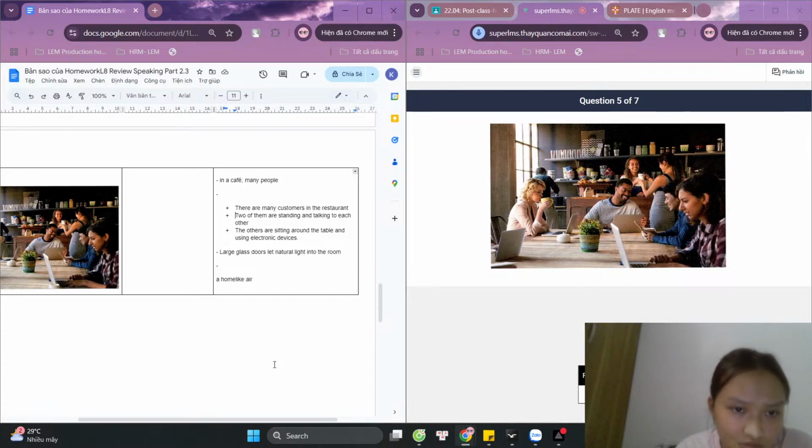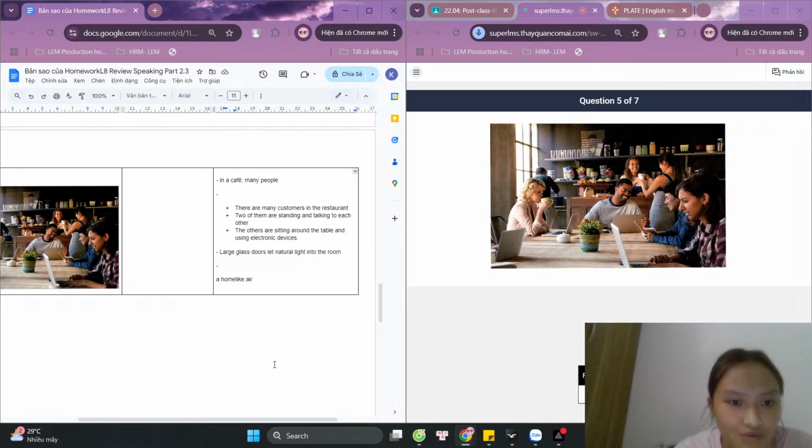This is a picture of a cafe. There are many customers in this restaurant. Two of them are standing and talking to each other. The others are sitting around the table and using electronic devices.